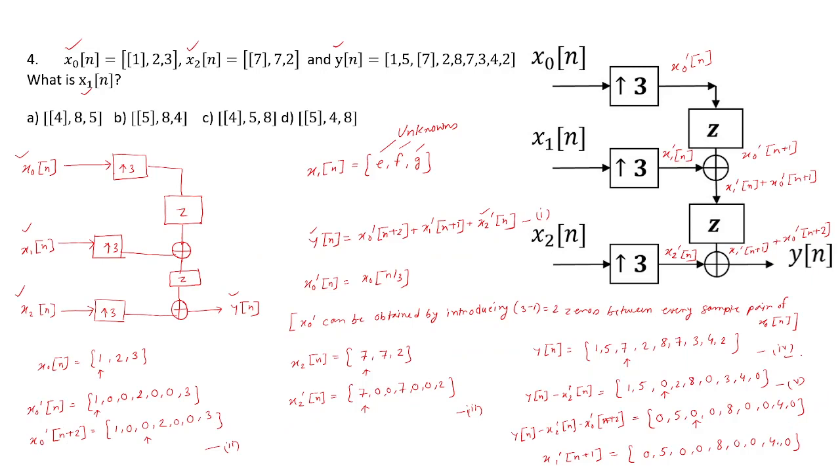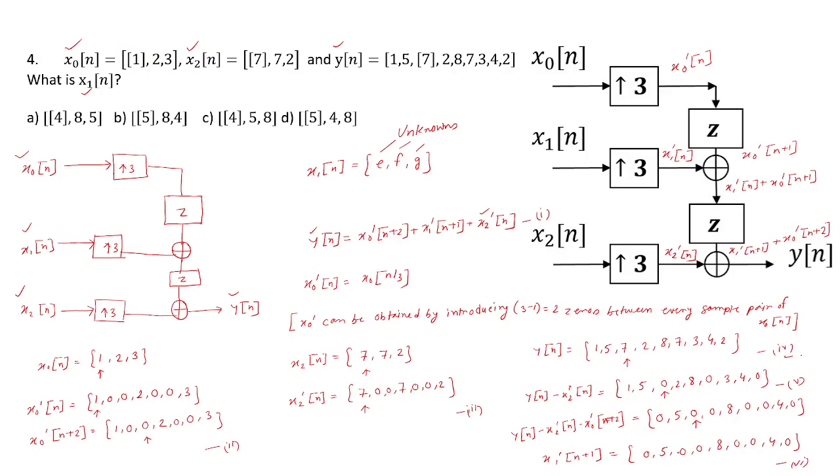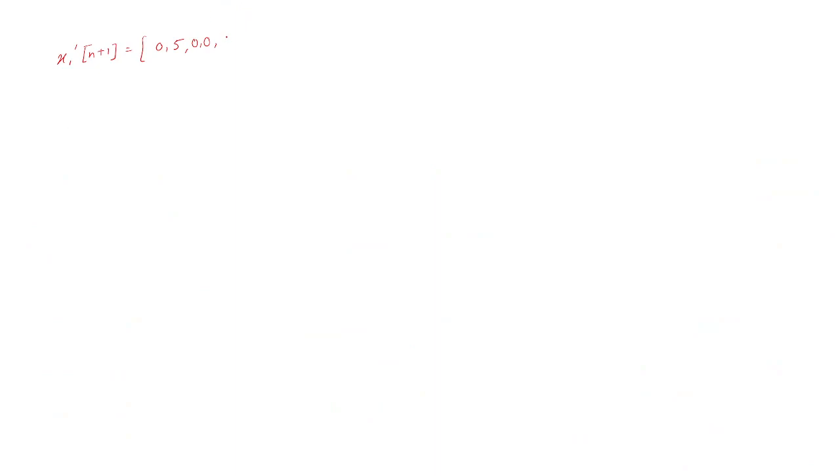So let us denote as equation 6, and let us write it down here again. x1 dash of n plus 1 is given as 0 5 0 0 8 0 0 4 0, and this is the position of 0.